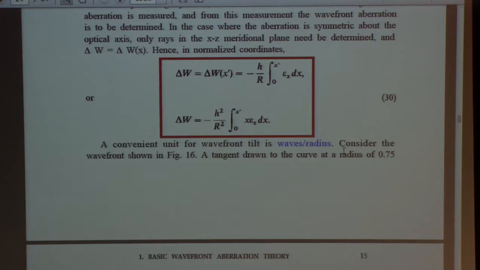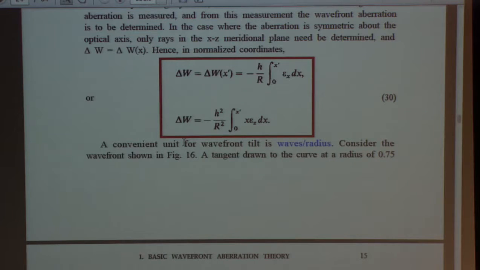And so I could use something like arcseconds, or I could use microradians. Does anyone know the relationship between arcseconds and microradians? What, 5 microradians is close to 1 arcsecond. So I could use units like that.